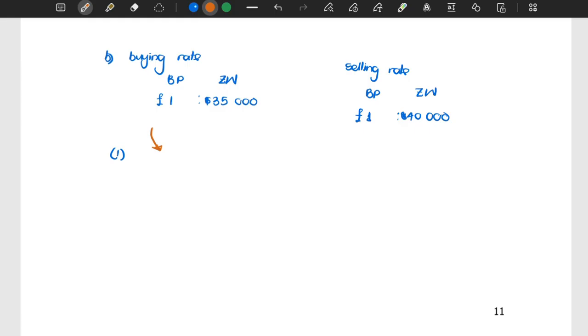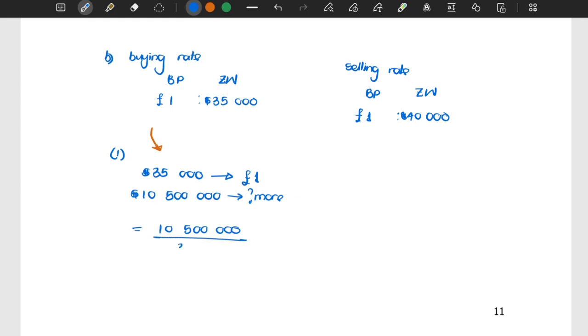So we know that if 35,000 was equivalent to 1 pound when buying, what about 10,500,000? It's going to give us more, right? So again, that's going to be 10,500,000 divided by 35,000.